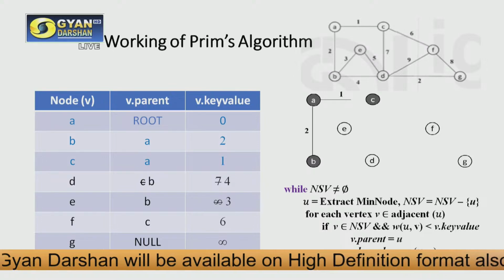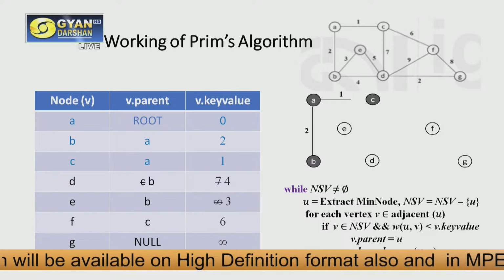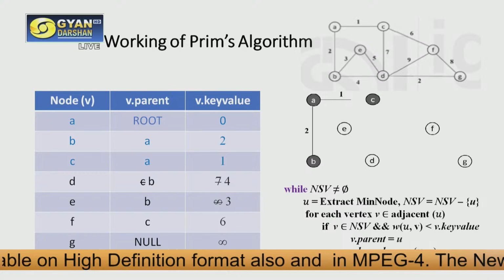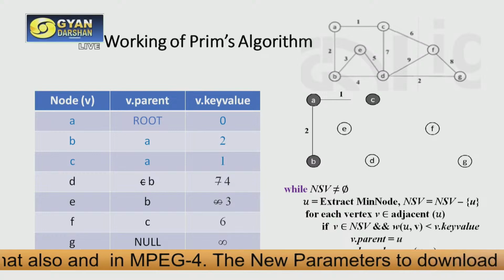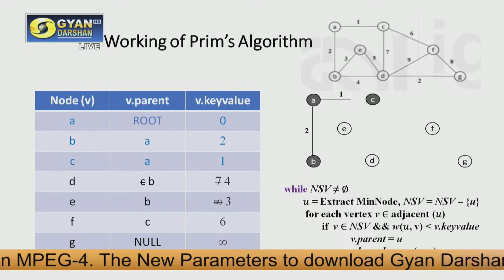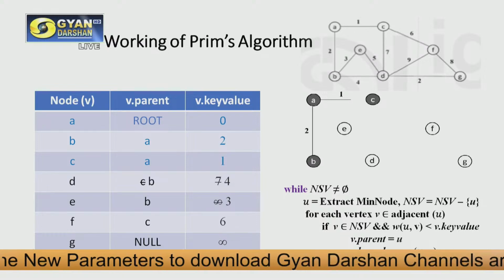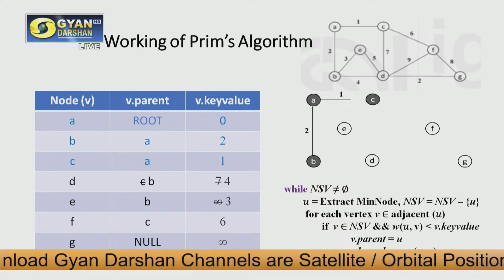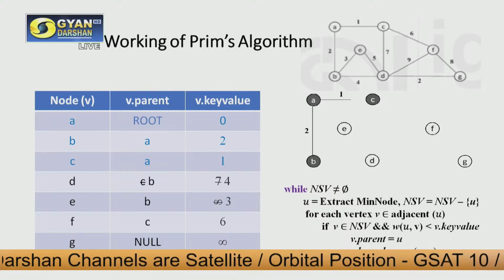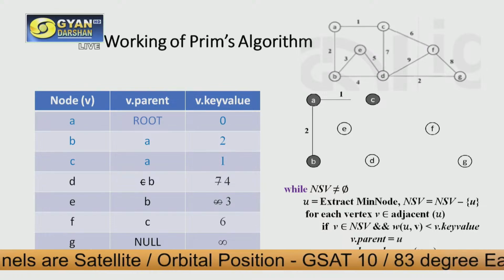So now we can see that the A to B edge is connected, A to C was already connected, and when we reach node B, we can see that from B we can directly reach E and we can directly reach D. So in the previous slide, when C was the parent for D, the key value or path value was 7.